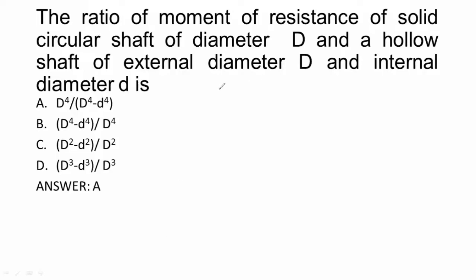And if you apply this to a hollow shaft with diameter capital D as the external one and small d as the internal diameter, you will get pi by 64 times capital D raised to 4 minus small d raised to 4. So pi by 64 is common and will get cancelled from both the numerator and denominator. What remains is D raised to 4 in the numerator and this value in the denominator. So that ratio is option A, the correct answer.